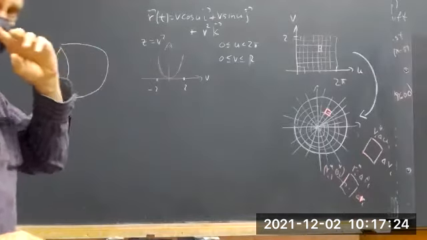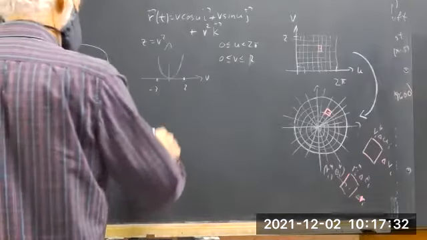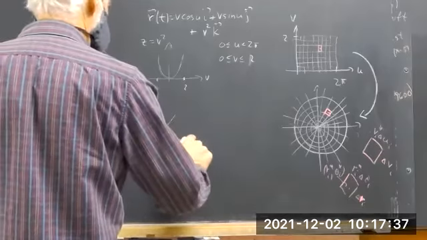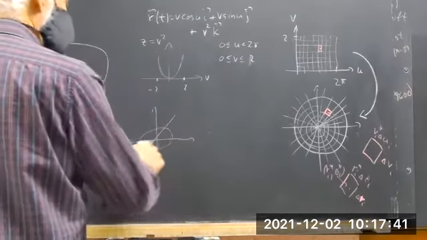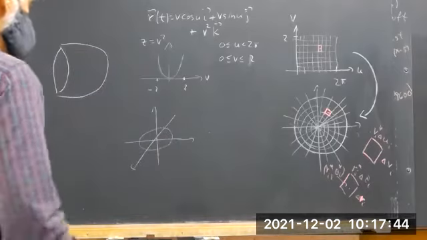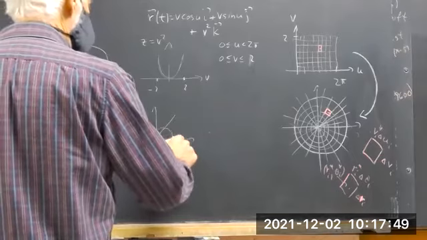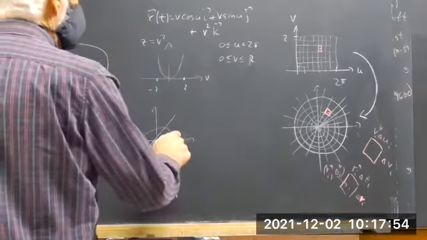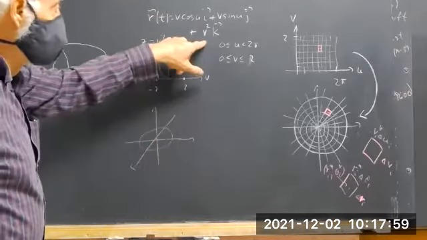It looks like this, right? Take this over and now you've got a circle of radius 2 down here. For this circle, you're going to go up 4 units. If you're on the outer circle, v is 2, so v squared is going to be 4.